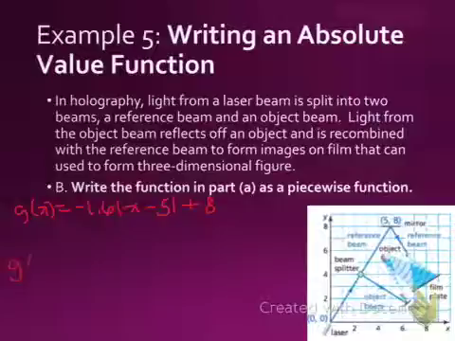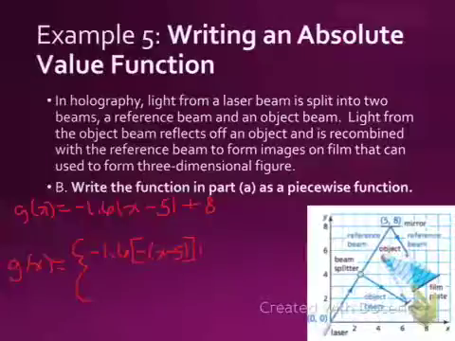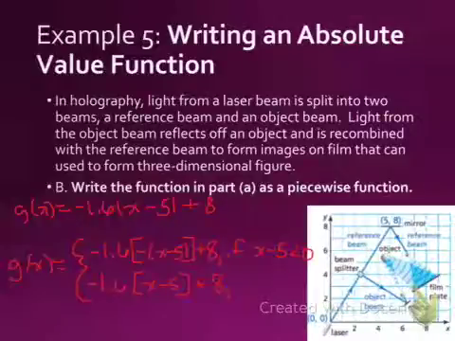So I'm going to have g of x equal negative 1.6 times the negative of x minus 5 plus 8, and that's going to be if x minus 5 is less than 0, or it will be negative 1.6 times the positive value of x minus 5 plus 8 if x minus 5 is greater than or equal to 0.